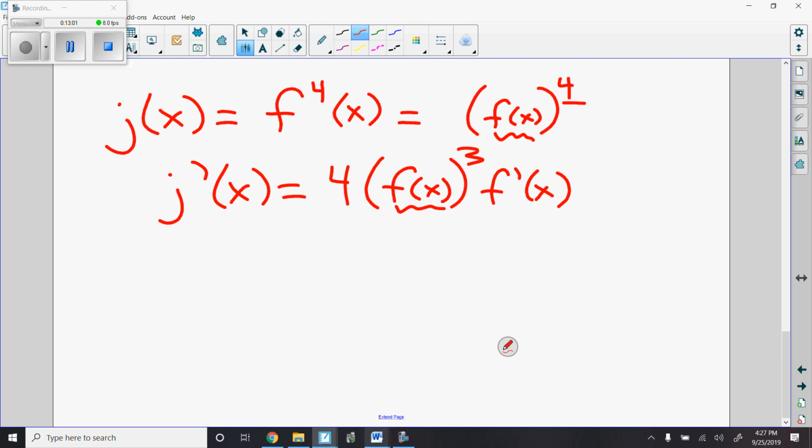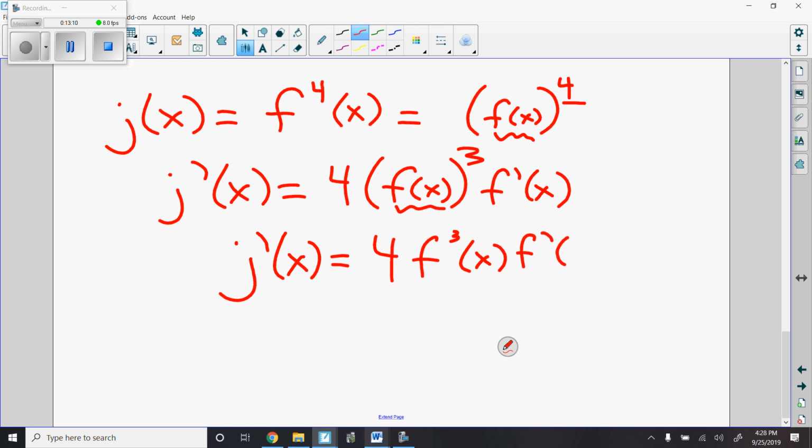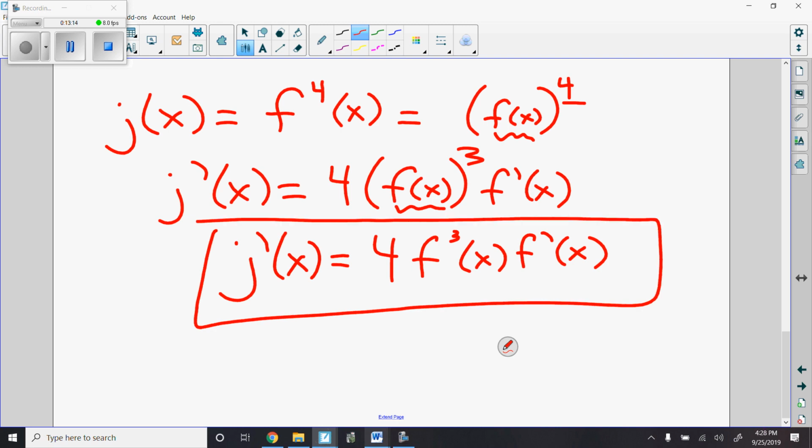So I can write it in a nice, neat notation of 4 f cubed x times f prime x. Those are chain rule problems, but they're mixing function notation with regular defined functions.